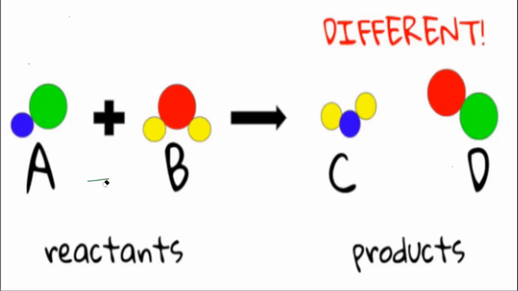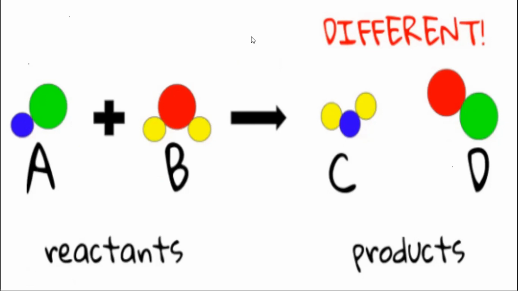They will just form a new compound, a new product. The product formed here is totally different from the reactants. The formulas will be different, the chemical properties will be different, so an entirely new thing will be formed. So if the number of the atoms is not equal on the left hand side and right hand side, we have to make them equal, and that is called balancing of equation.